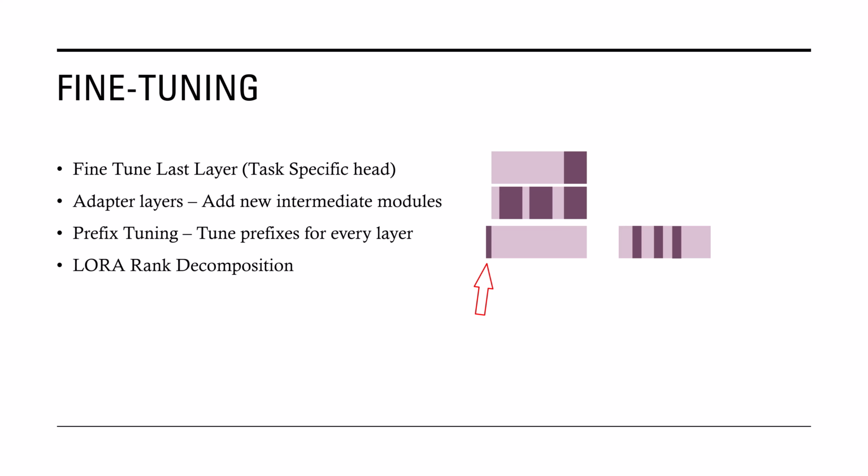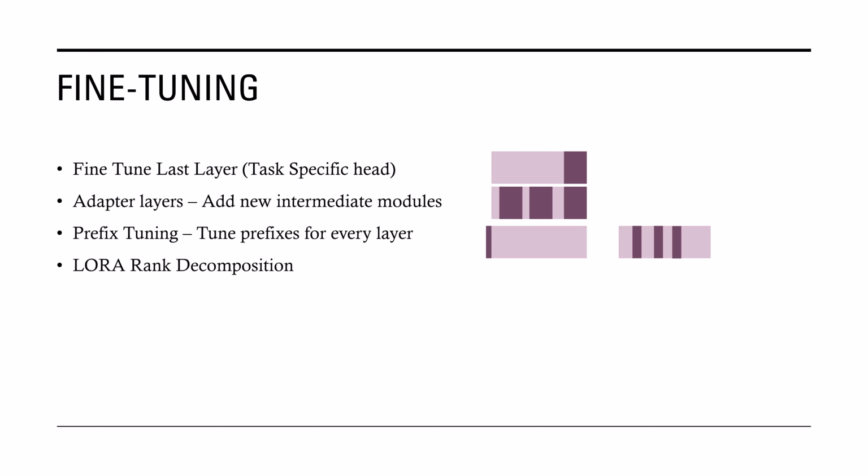So instead of adjusting the entire model, prefix tuning modifies how the model processes input by focusing on these prefix tokens, which can lead to efficient learning with minimal changes to the original model weights. And the benefit is that it adds very few parameters.